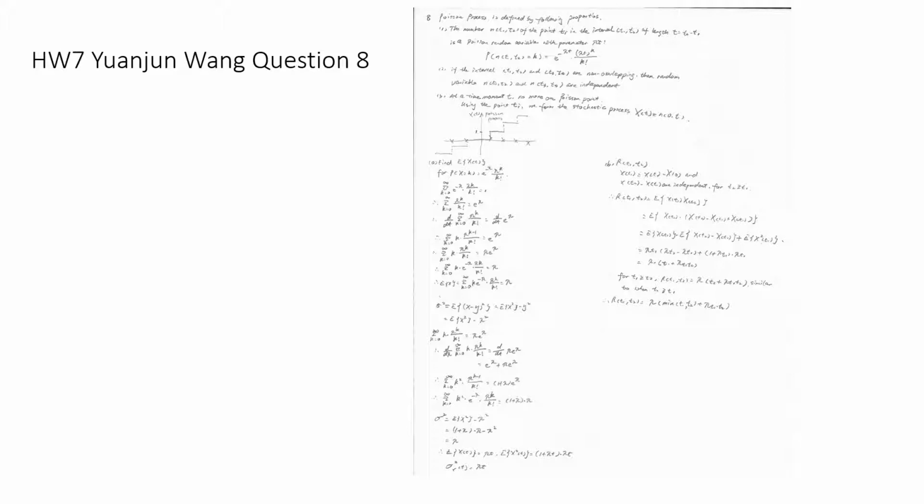Here the sum of k times lambda to the k over k factorial is equal to lambda times e to the lambda, and then we differentiate on both sides. We get the sum of k times lambda to the k over k factorial is equal to e to the lambda plus lambda times e to the lambda.